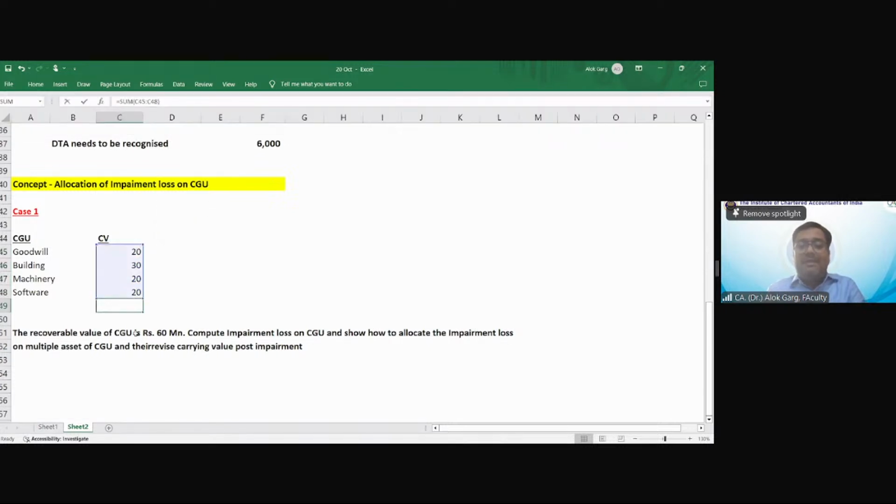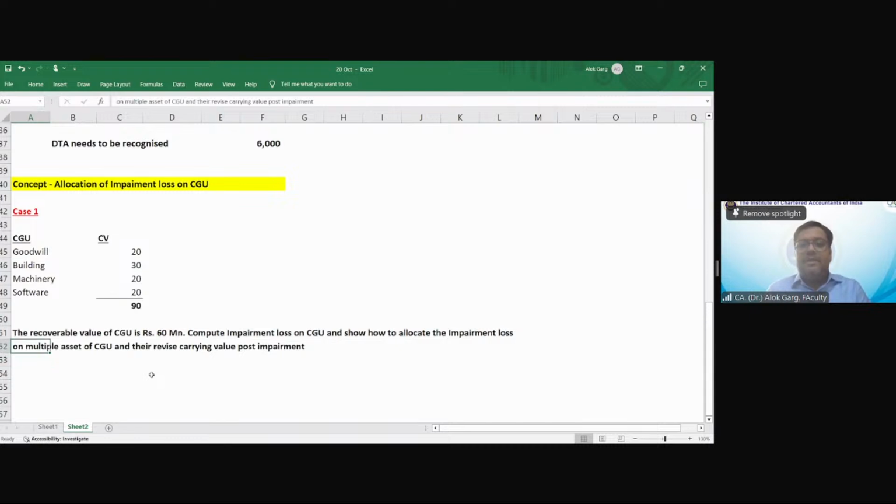So what is the total value of the cash generating unit? 90 million. The recoverable value of the cash generating unit is 60 million. Compute impairment loss on CGU and show how to allocate the impairment loss on multiple assets of CGU and their revised carrying value post-impairment.